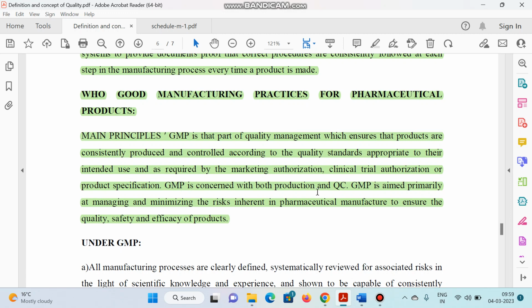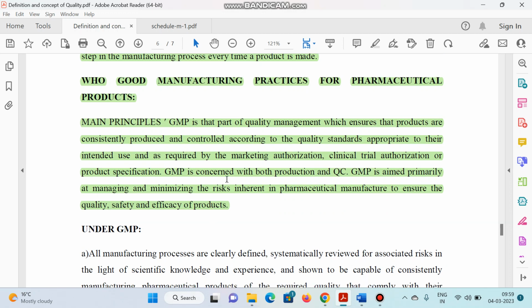So it is basically concerned with both production and quality control. It is obviously aimed at minimizing the risk inherent in pharmaceutical manufacture to ensure the quality, safety, and efficacy of products. So it is basically focused upon the quality, the safety, and the efficacy of the product.